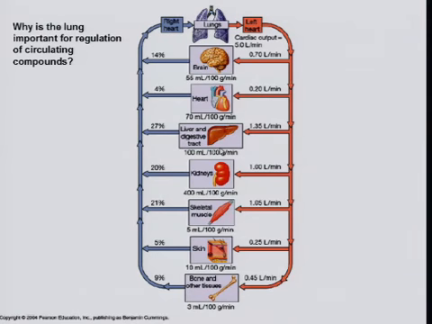So all these other biological systems that occur, they all secrete a variety of different factors in and of themselves. And the interesting thing is they all receive a fraction of the total cardiac output.